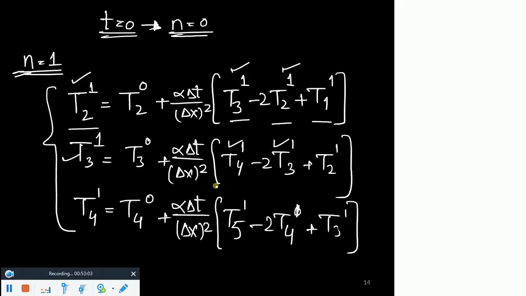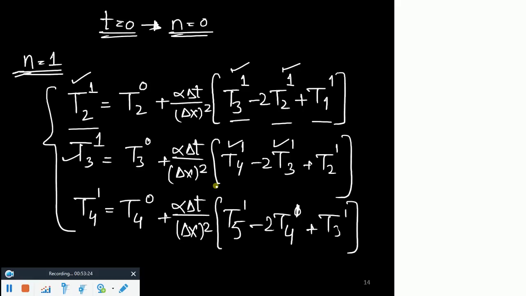Now you see, in the explicit scheme, what did you do? You came up with the answer in one step. But in the implicit scheme, you have to perform a number of iterations. At each time level, you have to go through that Jacobi method or Gauss-Seidel method again and again.